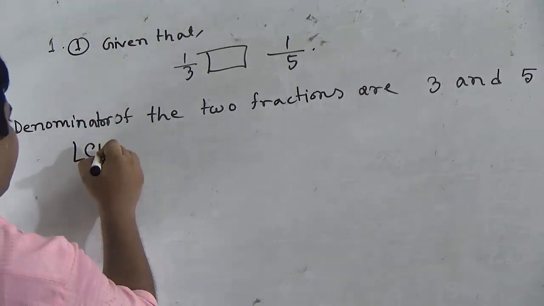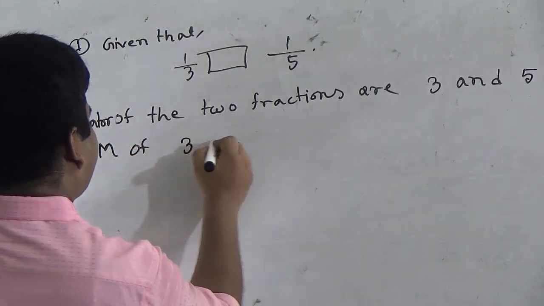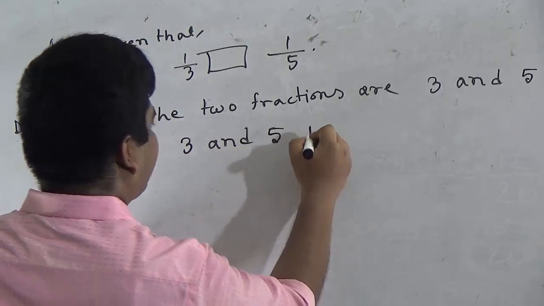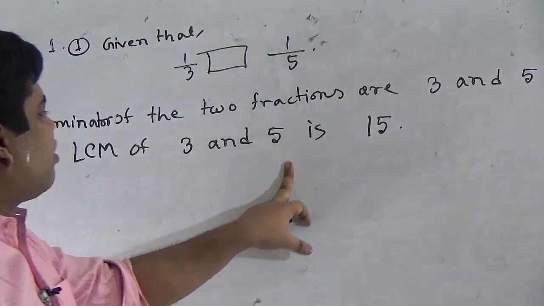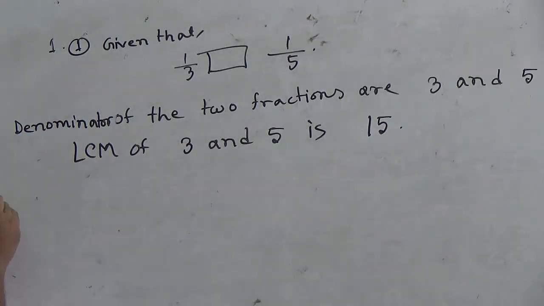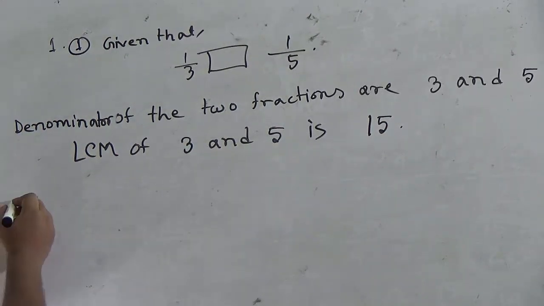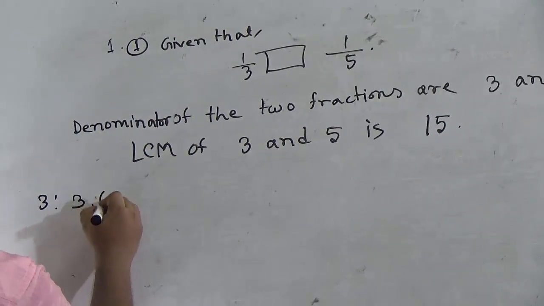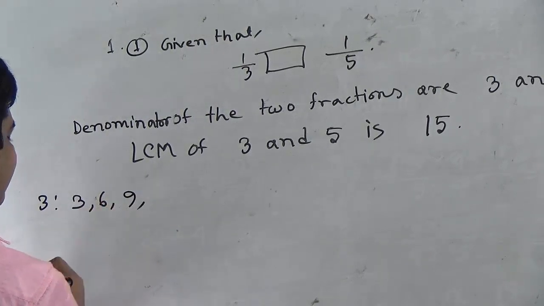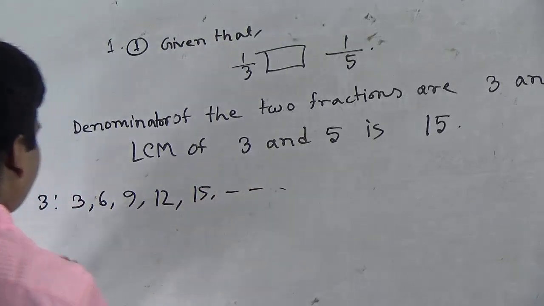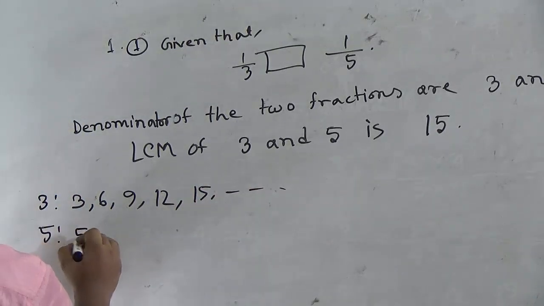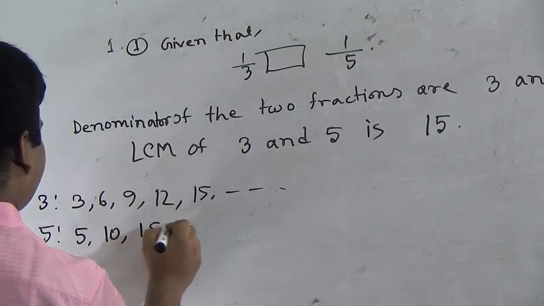Next, the LCM of 3 and 5 is 3 5s, 15, because there is no common divisor. Multiples of 3 are 3 1s are 3, 3 2s are 6, 3 3s are 9, 3 4s are 12, 3 5s are 15, and so on. Multiples of 5 are 5 1s are 5, 5 2s are 10, 5 3s are 15, and so on.